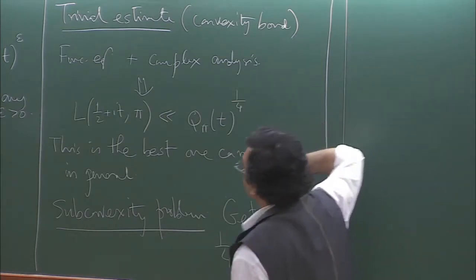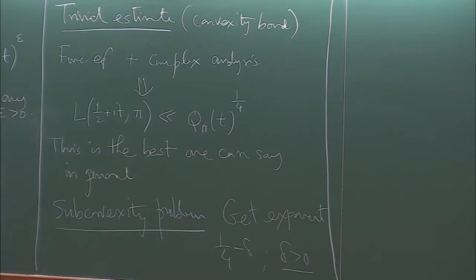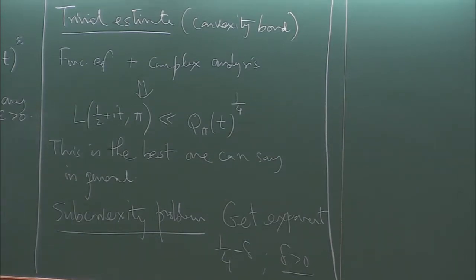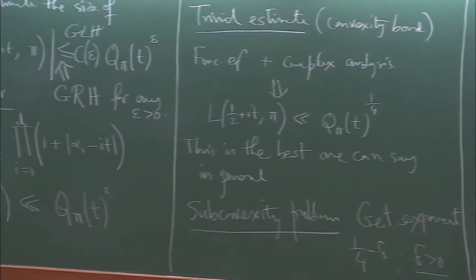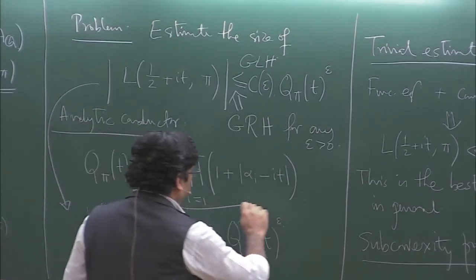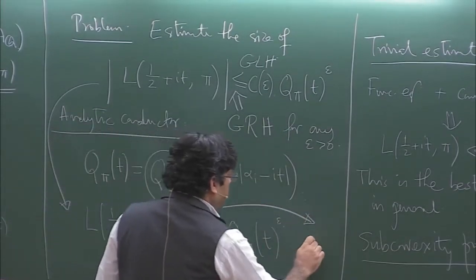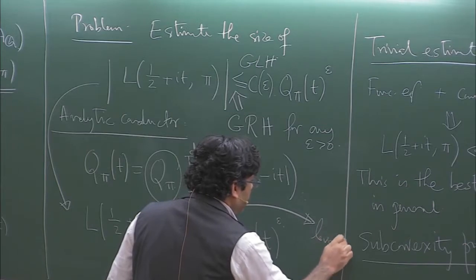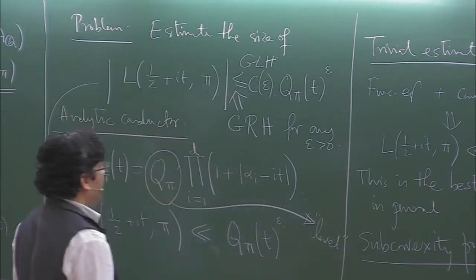Before that, maybe I'll just say that there are three components hiding inside this definition of analytic conductor. One is this q_pi, called the arithmetic conductor, or I'll call it the level.